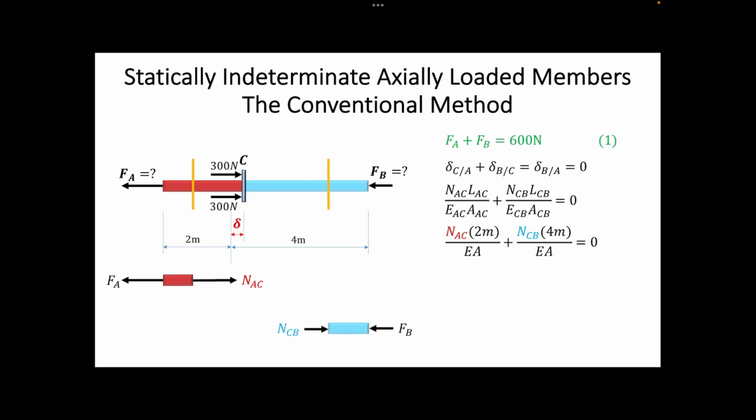Second, if we cut through segment CB and plot the free body diagram for the right portion, we can see the normal force in CB is equal to FB. Then, taking the sign convention into account, we can rewrite the above equation to be.